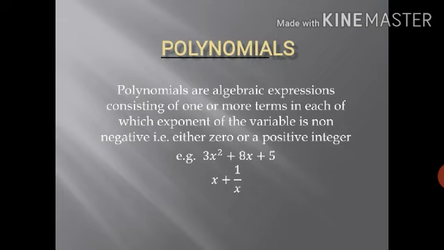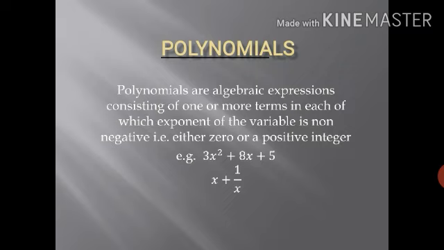Like 3x square plus 8x plus 5. This is an algebraic expression. Now we have to see whether it is a polynomial or not. If we see the power of x, in the first term the power is positive 2. In the second term the power is positive 1. And in the third one we have the constant value.